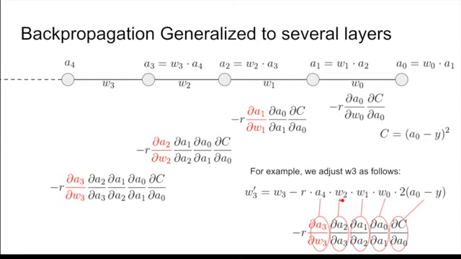And similarly, the weights in front, or as I would like to call it, the path from this weight all the way to the output activation, this tells us how significant this feature is for this given output. And if that path is clear, if the strength of these weights is strong, then again the strength of our adjustment, or the rate of adjustment, is also going to be great.